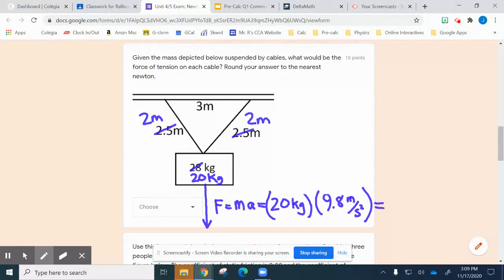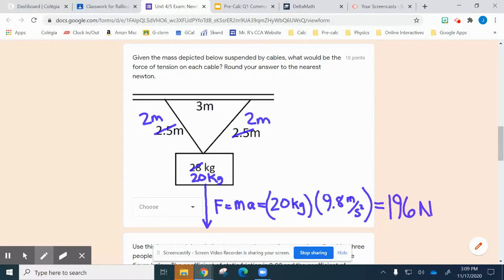Now we're going to have to work slow because I don't have these pre-calculated. 20 times 9.8 equals 196 newtons.